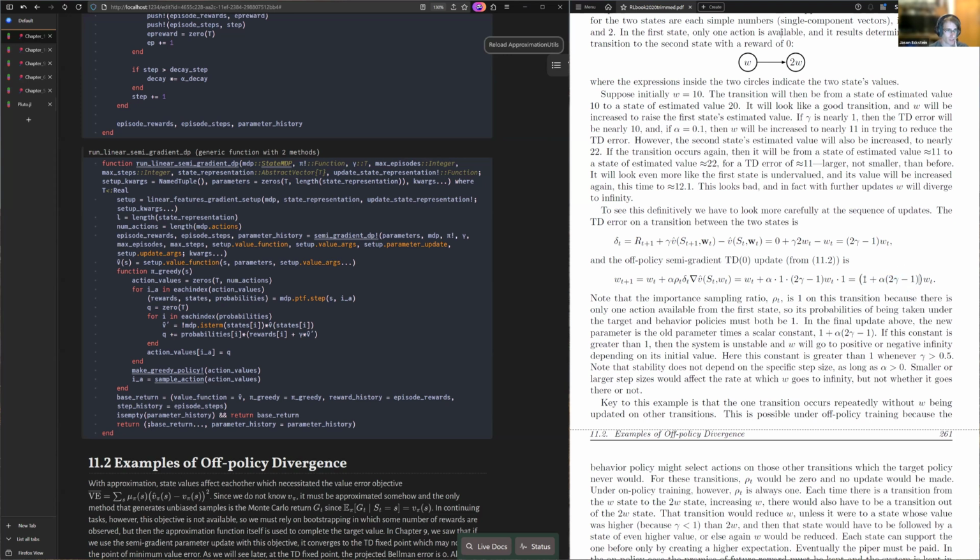So if we keep doing these updates, we have some number greater than 1, to the nth power, where n is the number of updates we've done. And if this whole constant is greater than 1, then this whole process diverges. And if it's less than 1, then it correctly converges to 0.